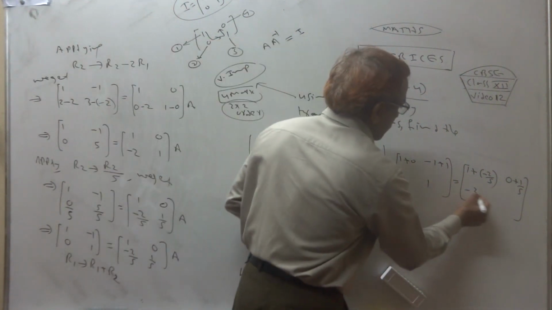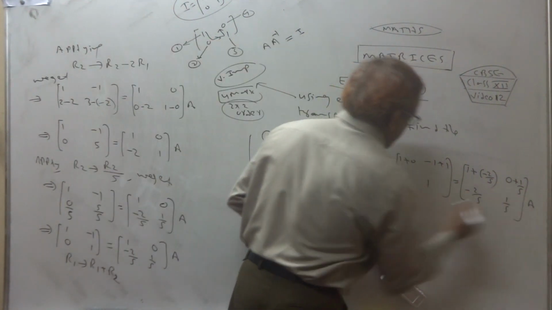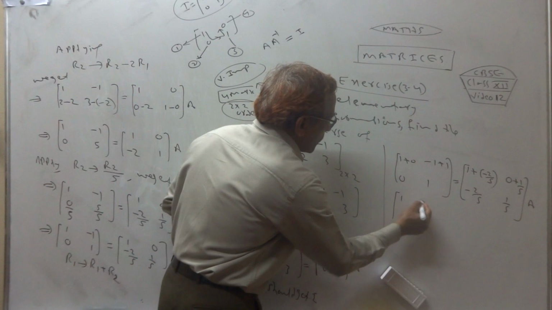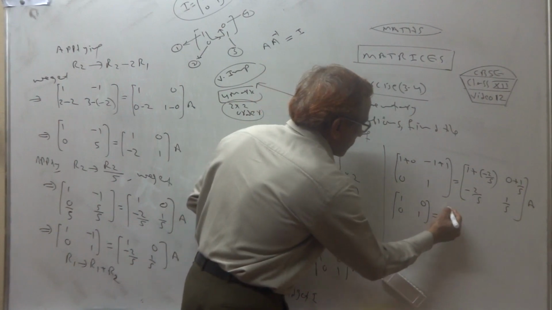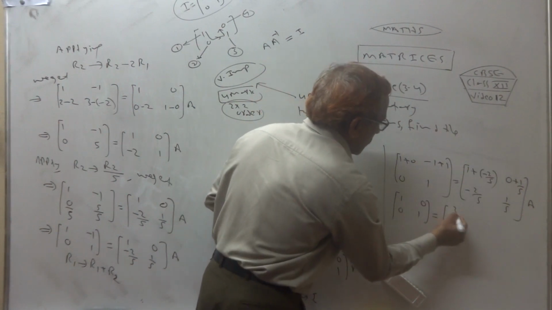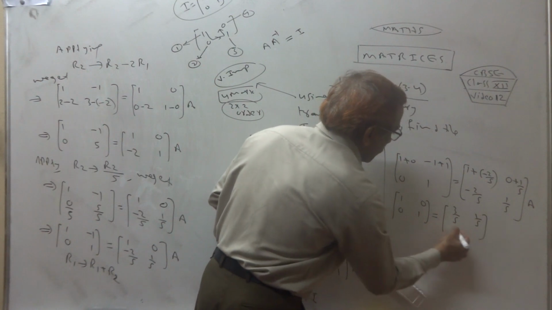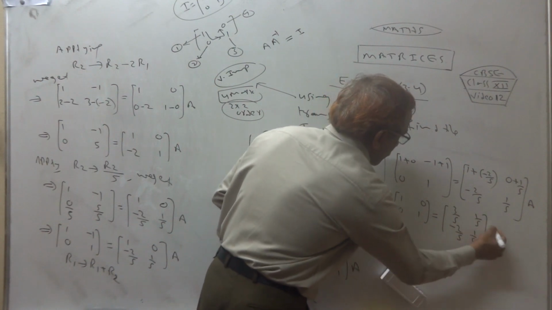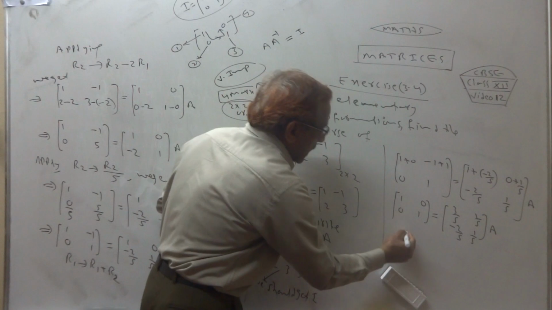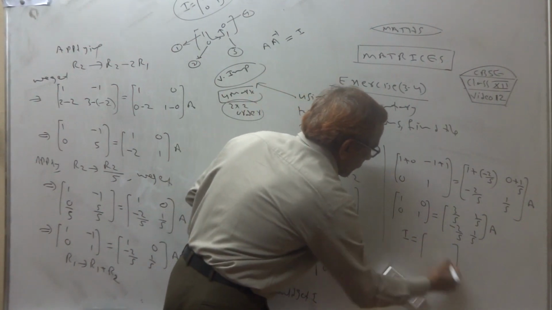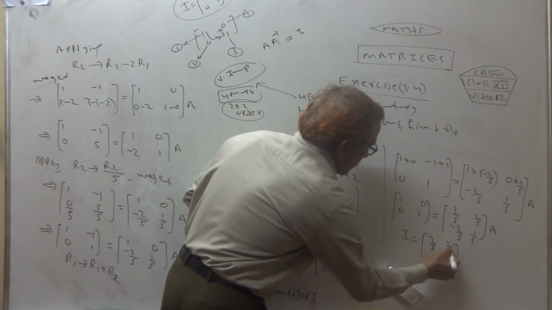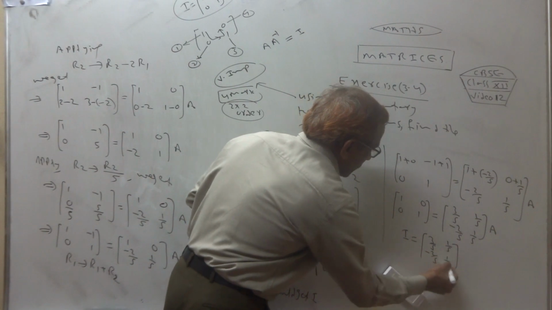This is the same. See what I got finally? 1 0 0 1. 5 ones are 5 minus 2, 3 by 5, 1 by 5, 2 by 5. So when you make this I, no? 3 by 5, 1 by 5, minus 2 by 5, 1 by 5.